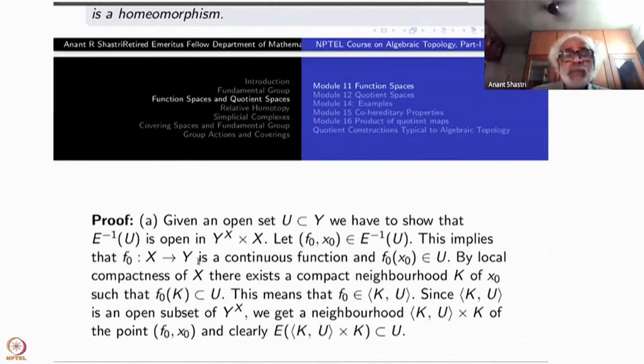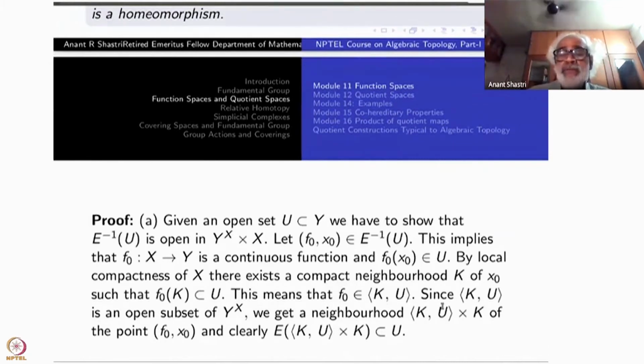So what is the meaning of this belonging to E inverse of U? It implies that f naught is first of all a continuous function because it is inside Y power X, and f naught of x naught, when you evaluate, is inside U. Now because we have assumed that X is locally compact, there exists a compact neighborhood K of x naught such that f naught of K is contained inside U. This means that f naught is inside K,U.